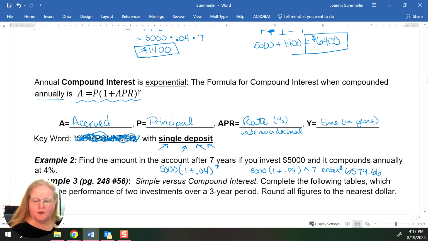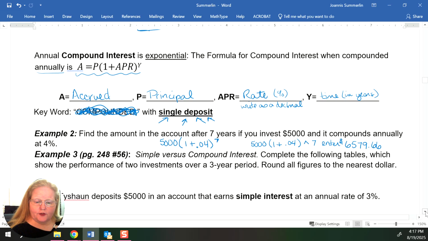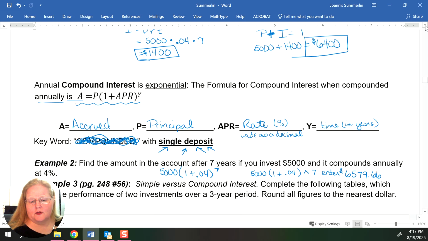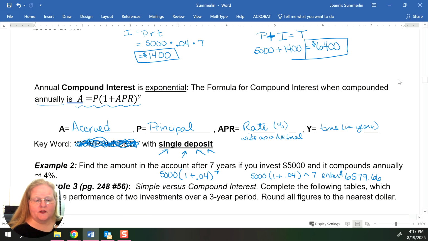Well, this creates a quandary for me. I have a little bit of a quandary about this, and the reason is because this is the exact same information we had as the above one. I don't know if you noticed or not, but in the above one we had the same 5,000, the same 0.04, and the same 7.